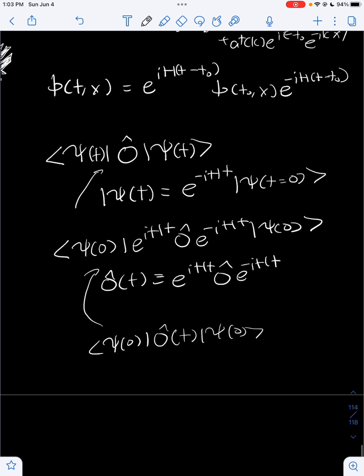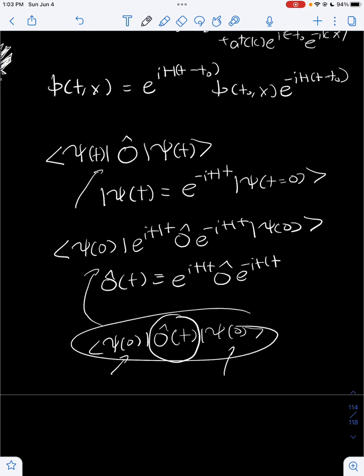Basically, we can calculate the expectation value of some operator with states that time evolve, by treating the states as stationary in time, as in they don't time evolve, and letting the operator take the time-dependent terms. So we're calculating the exact same thing, but we're just shifting some things around. And we call this over here the Heisenberg picture.